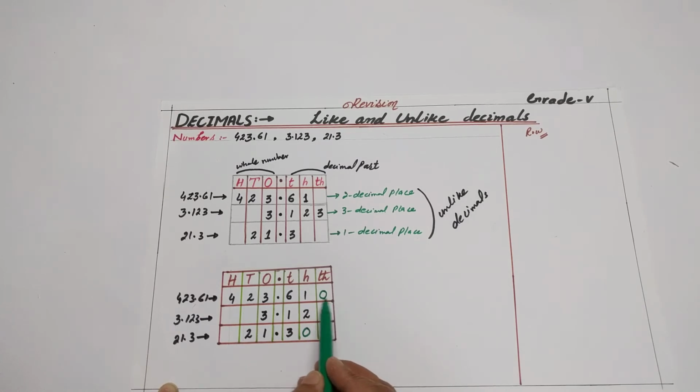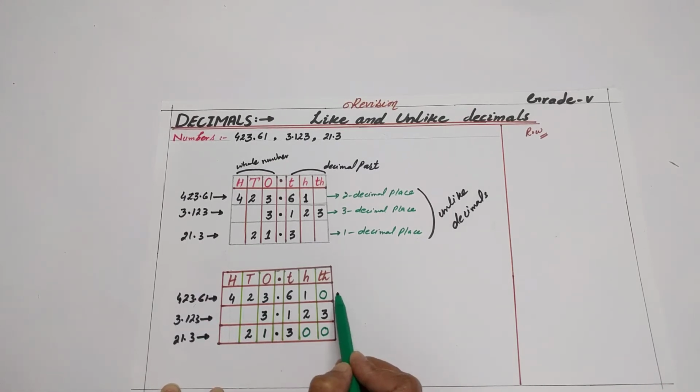By putting 0 we can complete the decimal places, and secondly 0 will not change the value of the given number. That's why we use 0 in the blank squares, just to balance the decimal places, and this 0 will not affect the value of these three numbers.